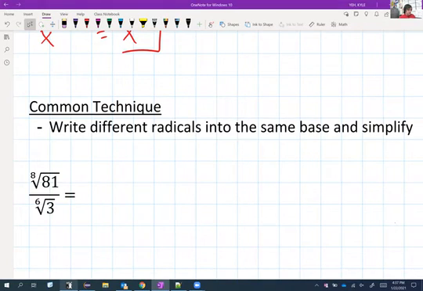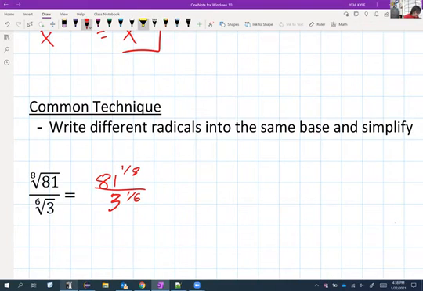Oftentimes, we'll convert this into exponential form and use our exponent rules. Here's what I'm looking at: 81 to the 1/8 over 3 to the 1/6. Now, I hope you're okay with that step. And you might be saying, well, yeah, I'm kind of okay with it, but I don't see how that helps us. You're right. I'm with you.